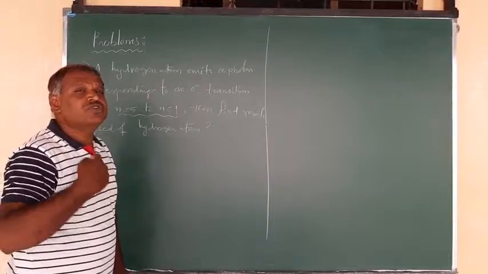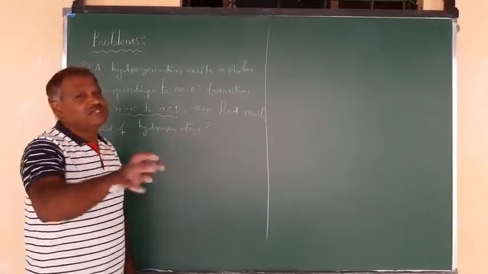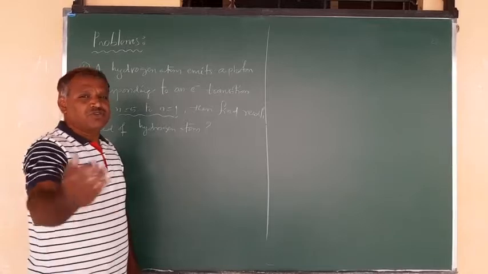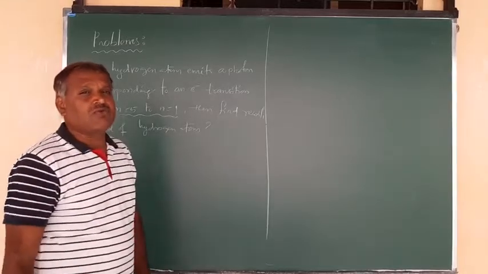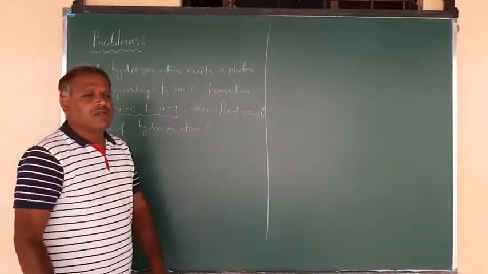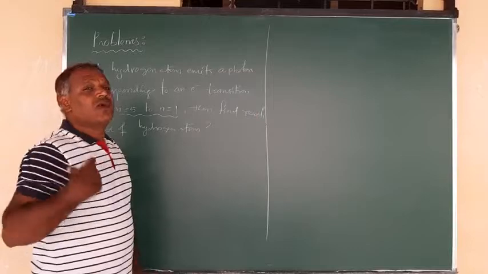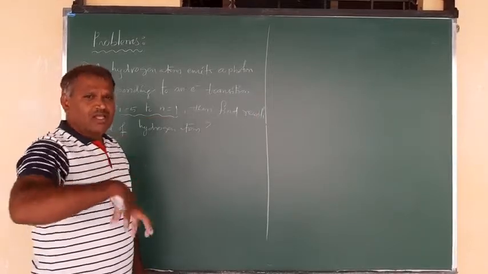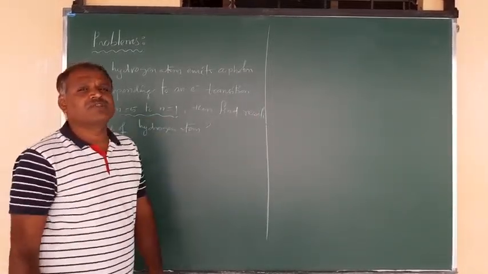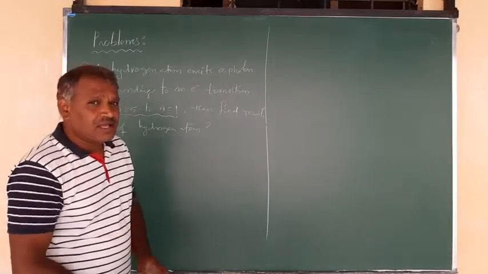Recoil means it moves in the opposite direction so that conservation of energy and momentum is satisfied. You can observe this in the recoil of a gun, where you are firing the bullet from the gun. When the bullet is moving forward, the gun moves backward. That is called the recoil of the gun.